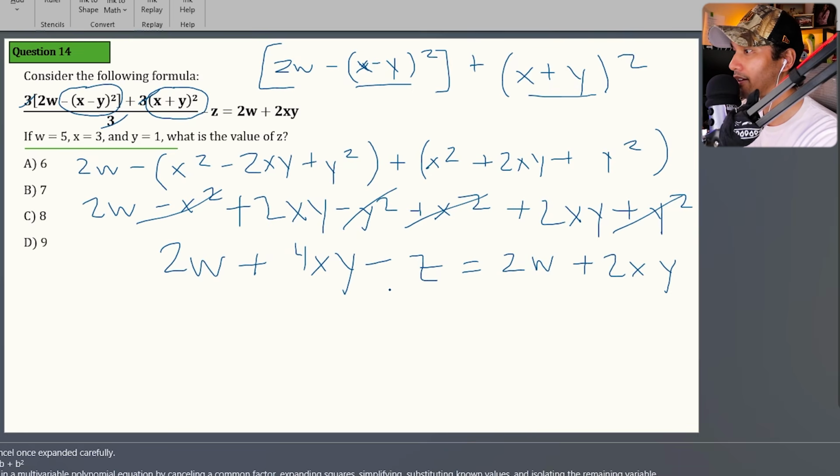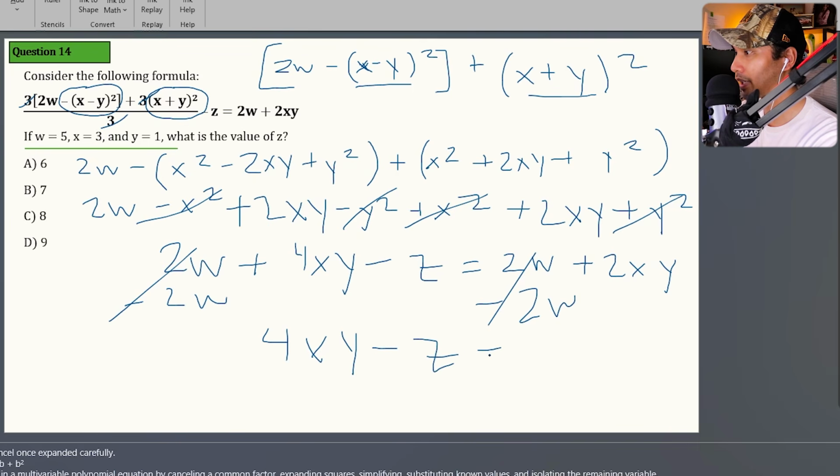Subtracting 2w, we can cross those out, and then we have 4xy minus z equals 2xy.